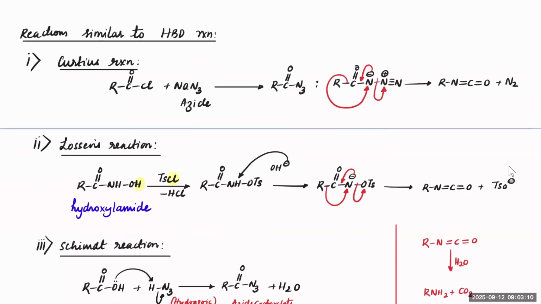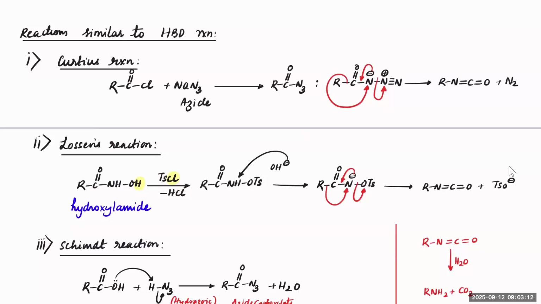Now, what are the reactions which are very, very similar to the HBD reaction? There are three other reactions. Although the names might not be asked in the exam, the reaction could be given. The first one is the Curtius reaction, wherein if I use an acid chloride and react that with azide, that is N3 minus, N3 minus will get connected here.